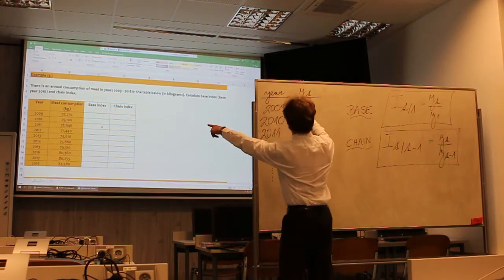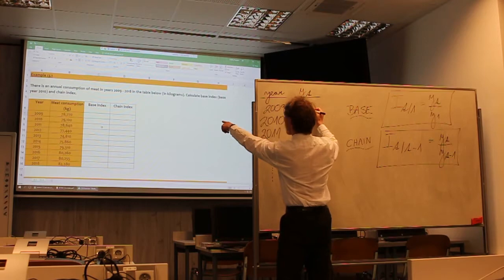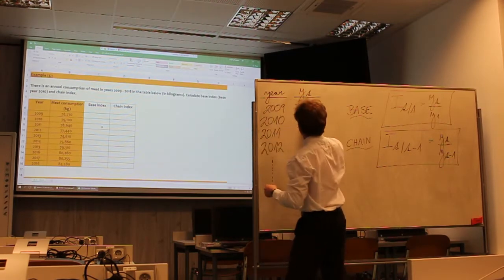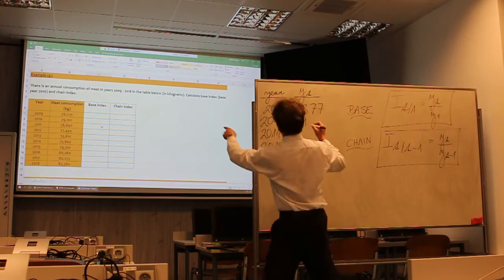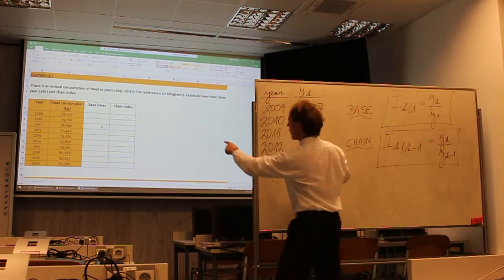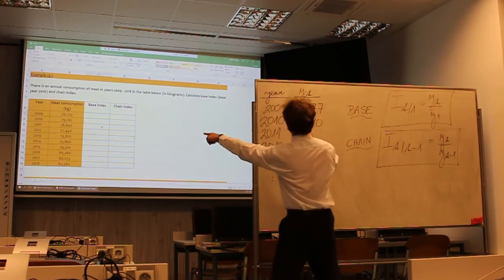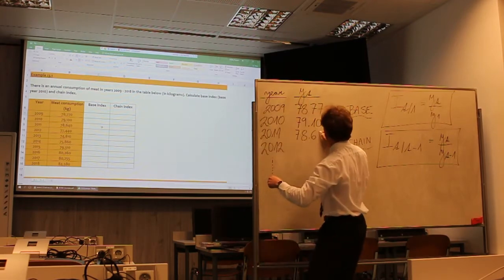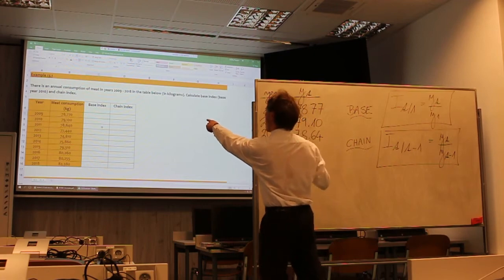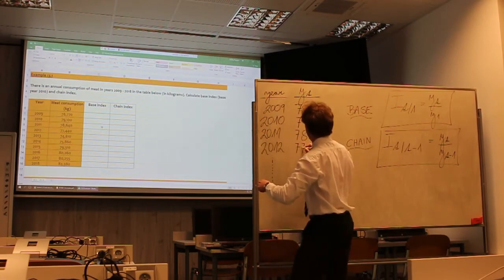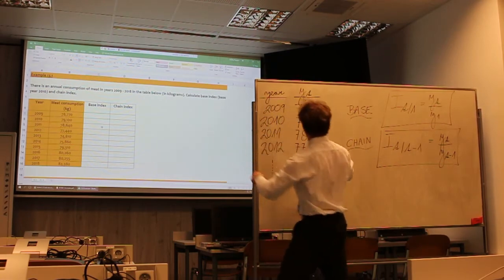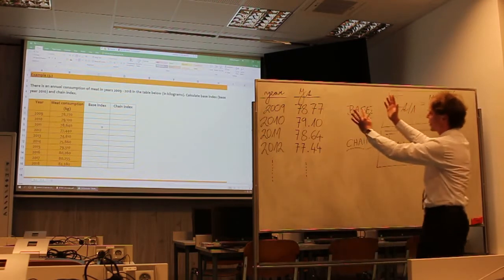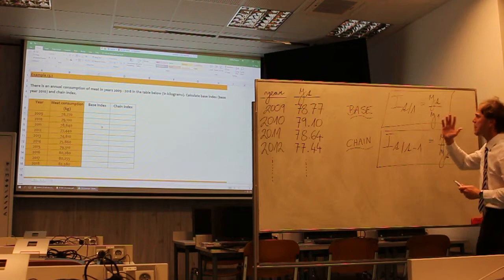The values are 78.77, 79.10, 78.64, and for example 77.44, etc. So this is the development of our time series.